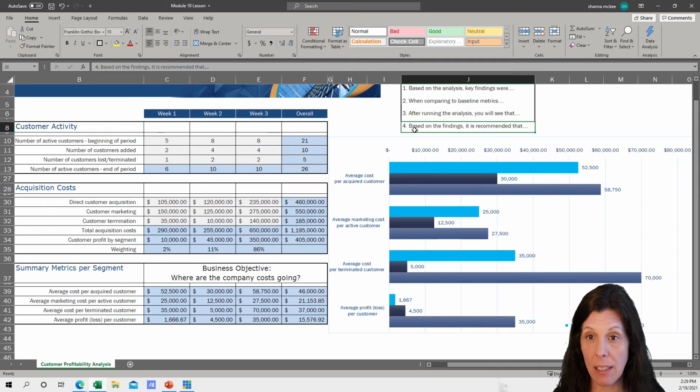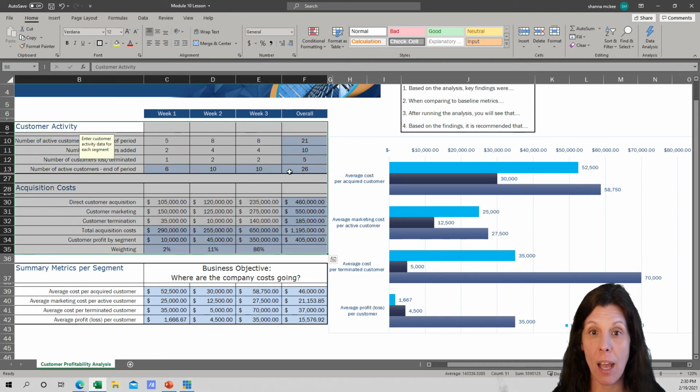And then lastly, we can let them know, based on the findings, we recommend that we look at week 3. Why is week 3 so much higher across all customer categories? So us as analysts, our recommendation is to let them know to look at these acquisition costs. What is that customer activity? And that will allow for a lot of follow-up questions for the leftover data that is over here on the left.